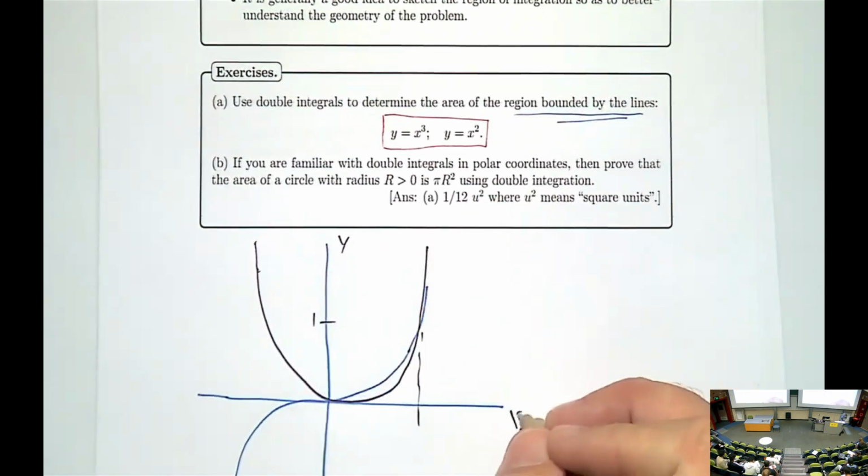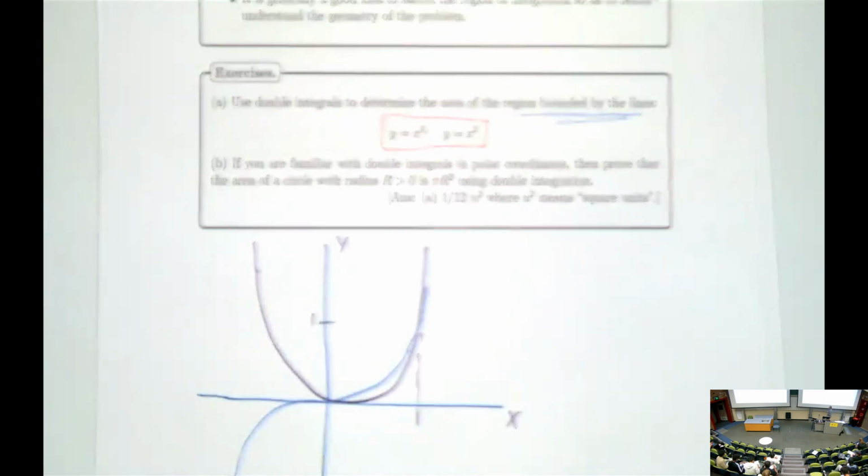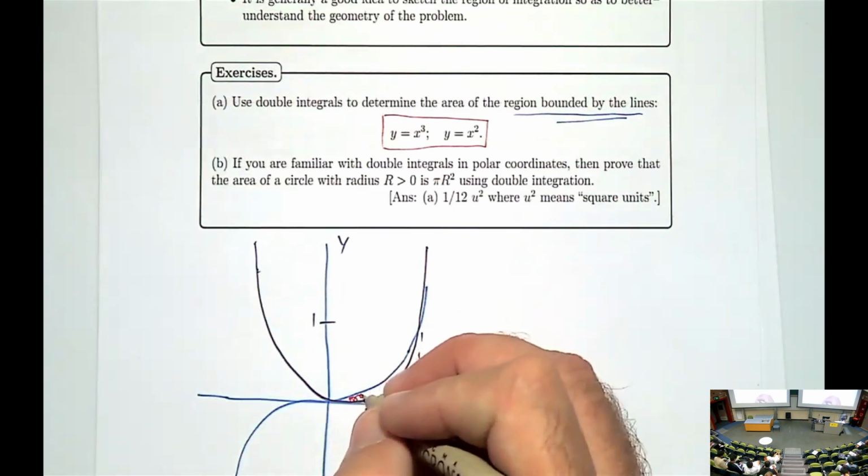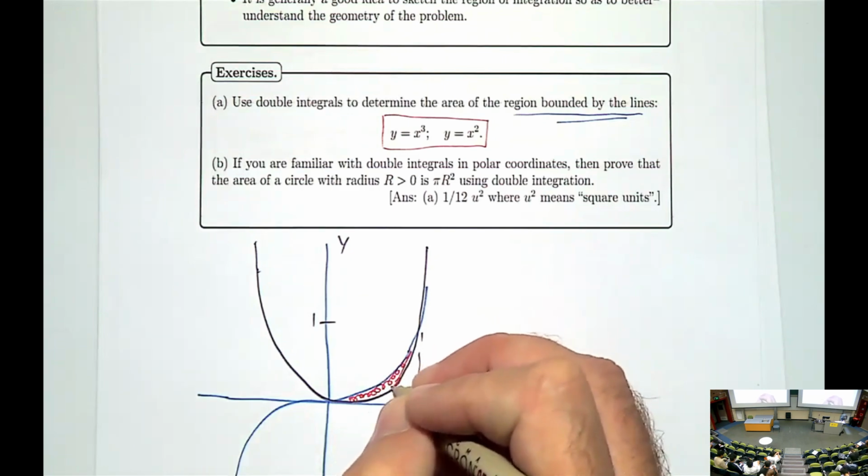Okay, this is the worst picture ever. All right, so what bit are we talking about? Well, there.